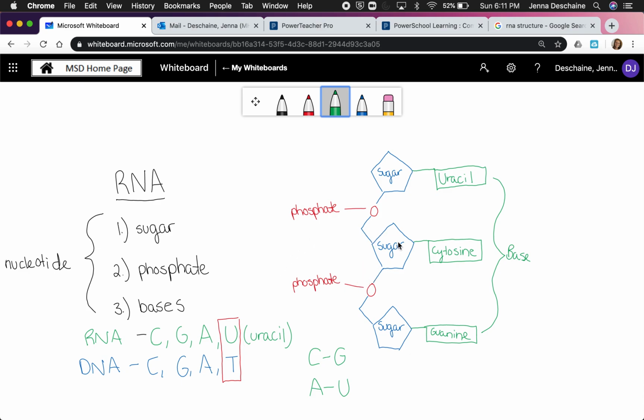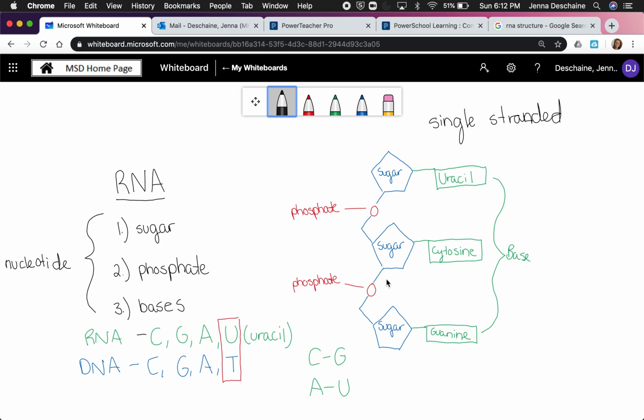Anyways, moving on. Remember that RNA is a single-stranded molecule, so it is not going to be double-stranded like DNA was. There's just one strand right here. There's the sugar, there's the phosphate, and there is a nitrogen base.